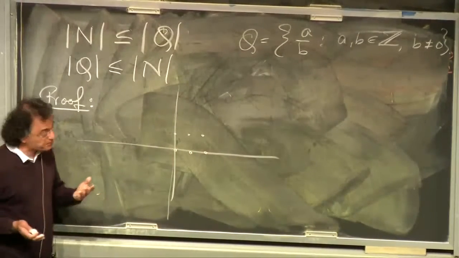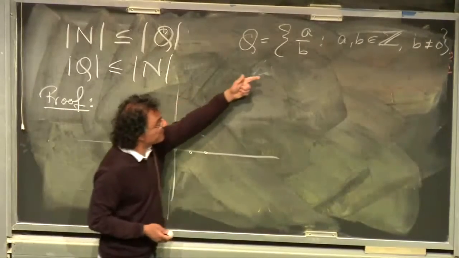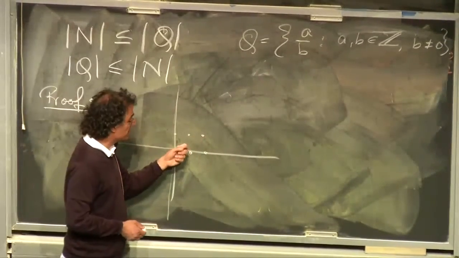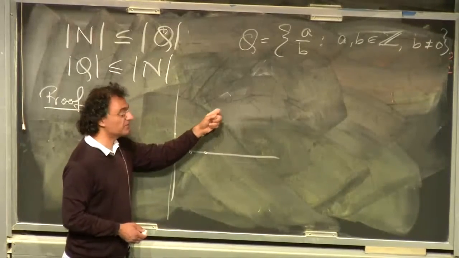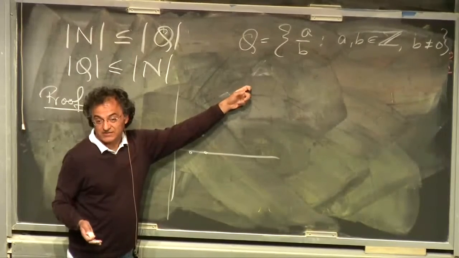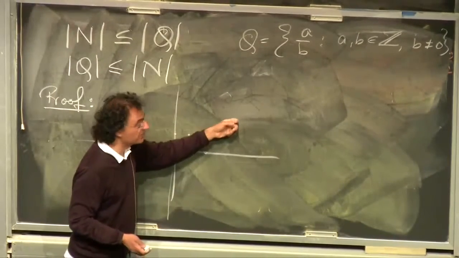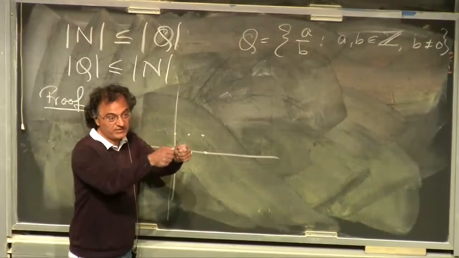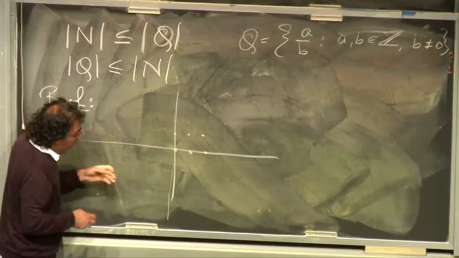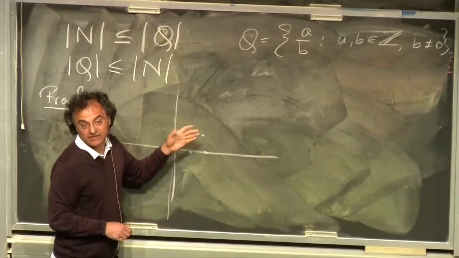Now, of course, every rational number will be represented infinitely many times here, because you have the rational number 1 over 1, 2 over 2, 3 over 3, 4 over 4. They're all the same rational number, right? So you take any rational number, you multiply both the coordinates by 2, and you get the same rational number. But the point is, every rational number is represented in here.